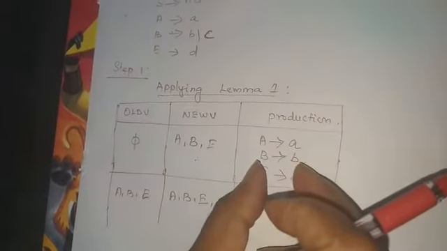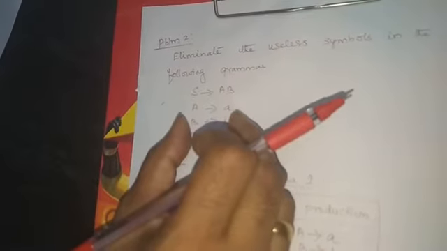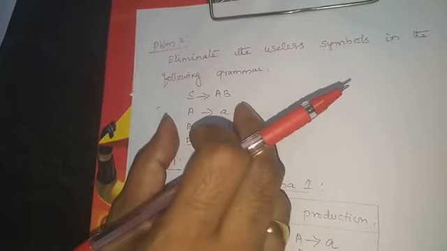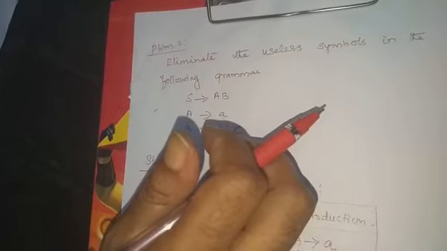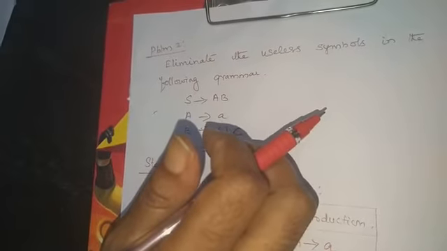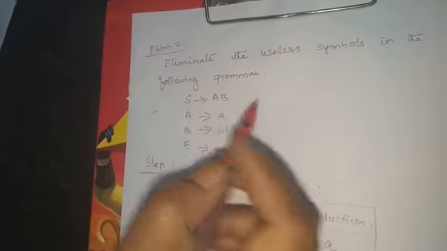You already got some terminal strings, so you are going to apply them in the other productions which have a non-terminal, substitute, and then find whether any production produces a terminal string. If it produces a terminal string, then I can consider that rule.